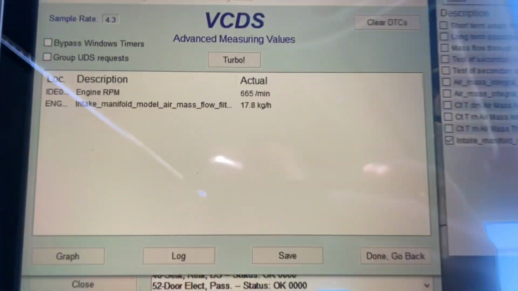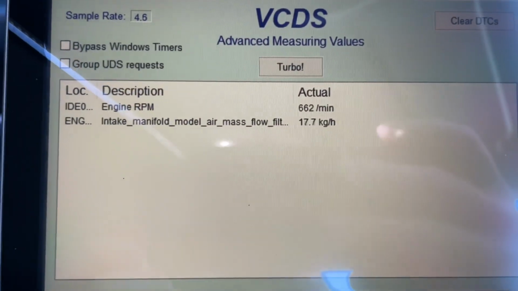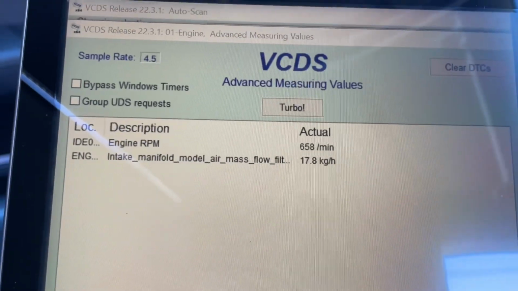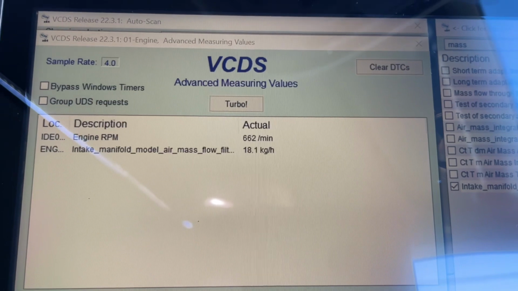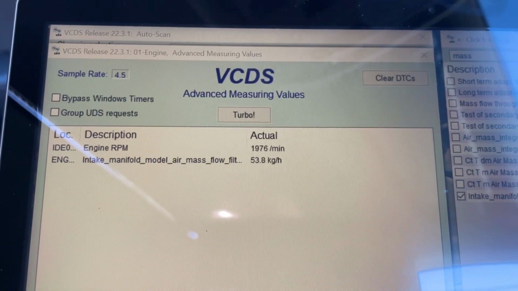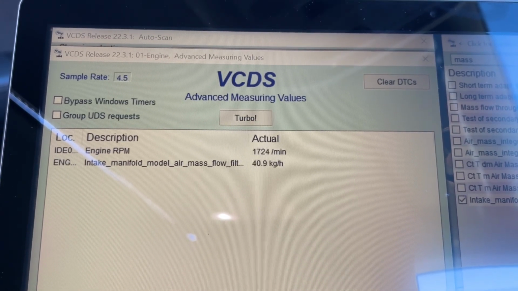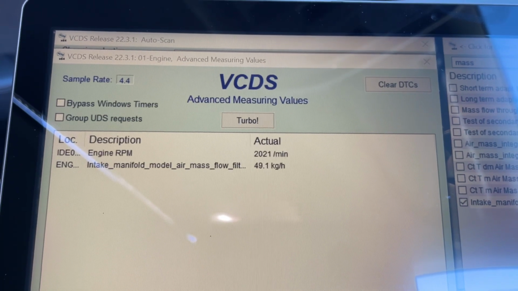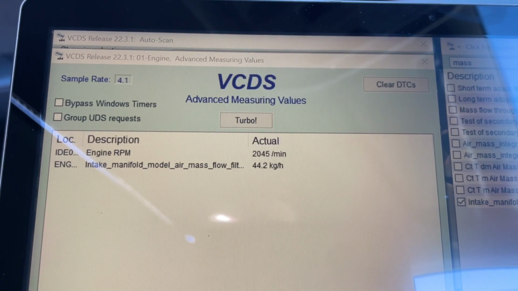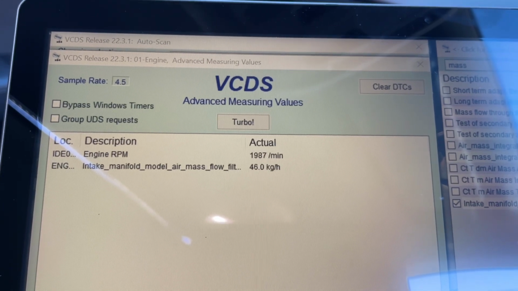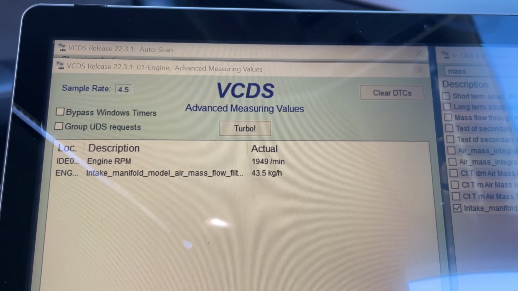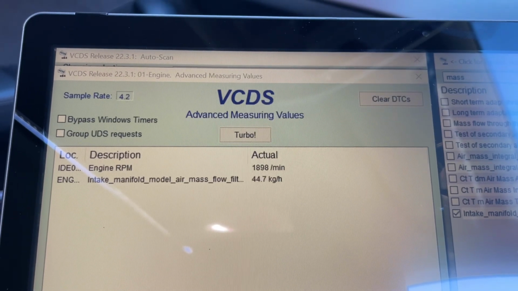Okay, got the figures again on idle, and let's do 2000 RPM. And look, for some reason we got 5 less than before.